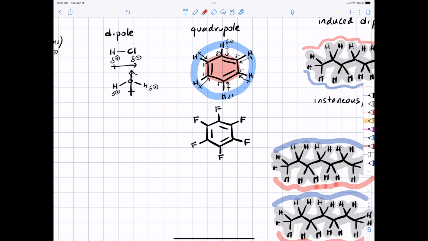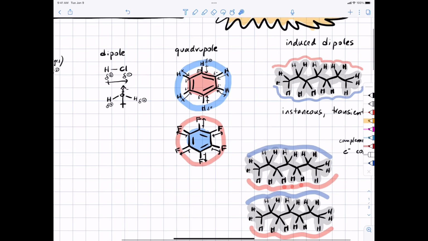But of course, fluorine being more electronegative than carbon, if you do hexafluorobenzene, now the carbons are electron poor and the fluorines are electron rich. And you might predict, and it actually is true, that you could have a hexafluorobenzene ring sit down on top of a regular benzene ring, and their quadrupoles would align in complementary ways, and that actually does happen.